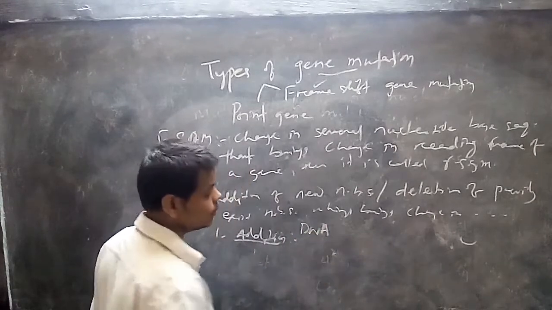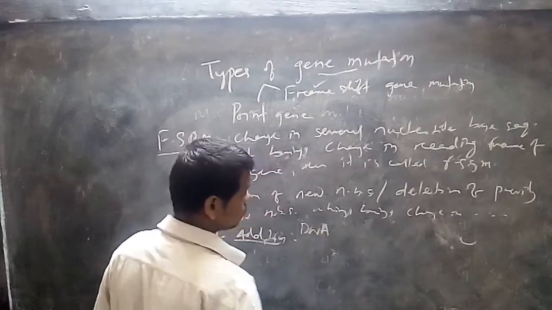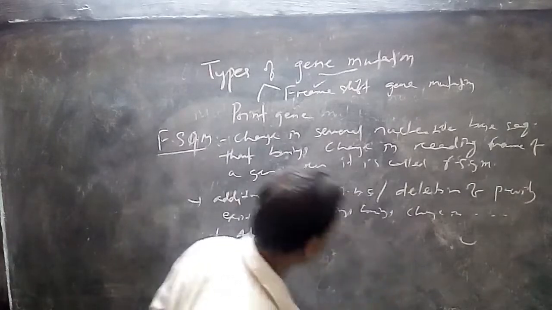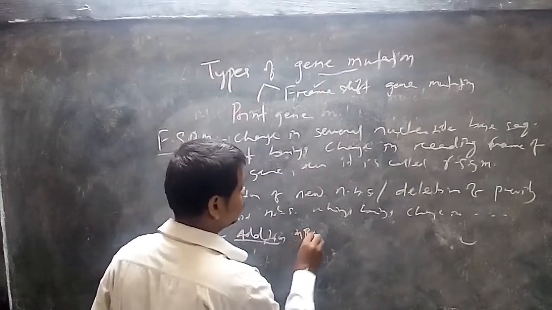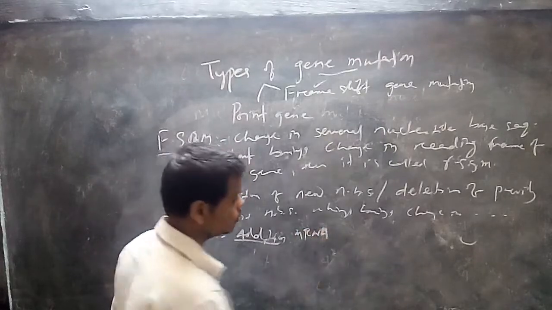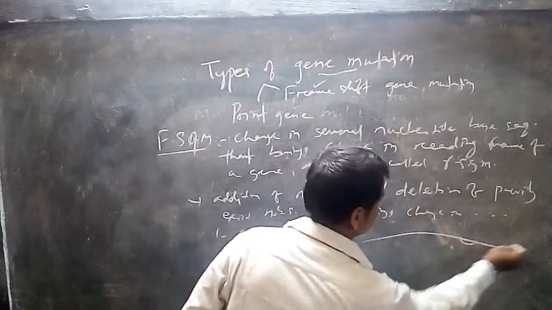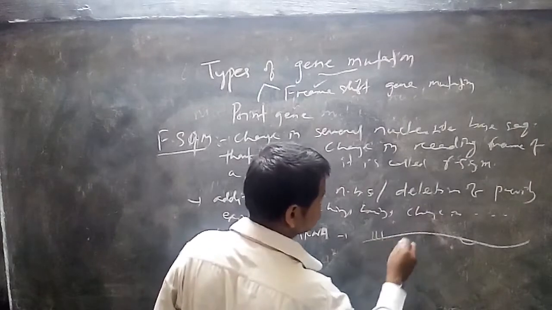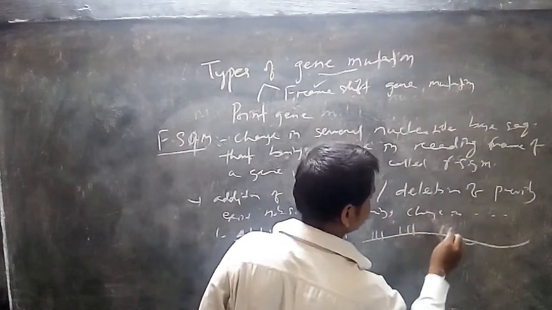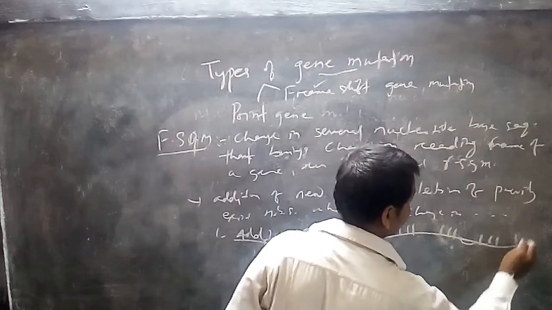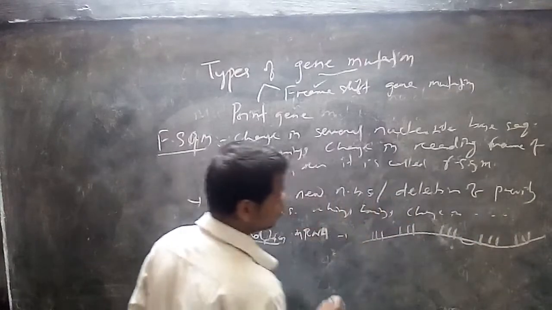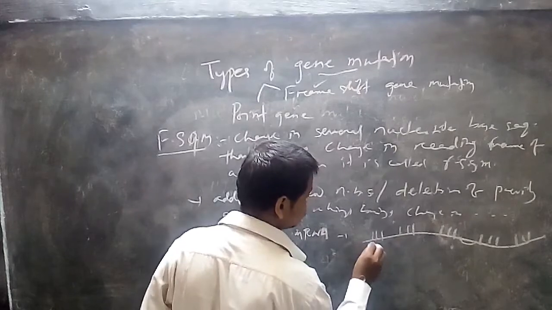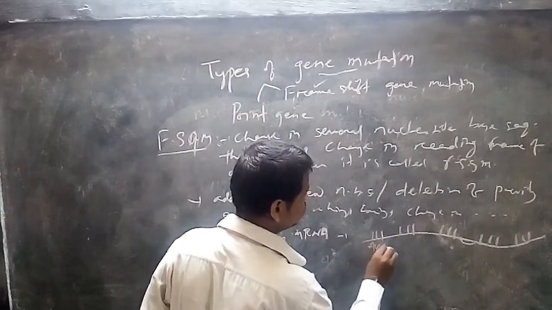Suppose the original DNA sequence is, okay, forget the DNA sequence, directly come to the mRNA sequence. If mRNA sequence is like this, suppose this is the mRNA 3' and 5' end. mRNA consists of several codons. Suppose this is the first codon, suppose it is AUG.